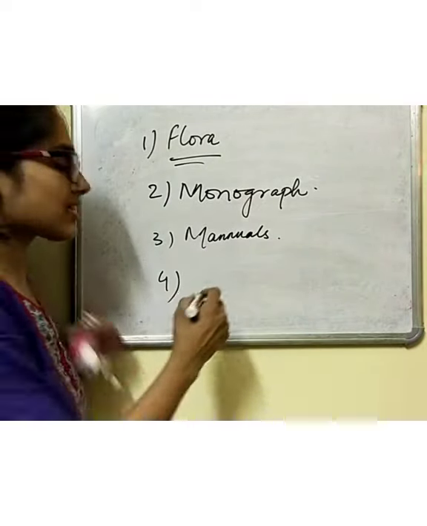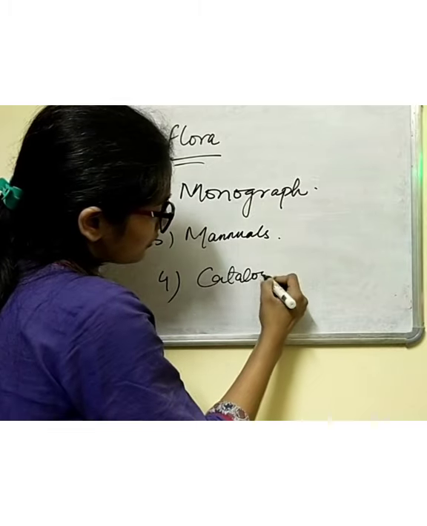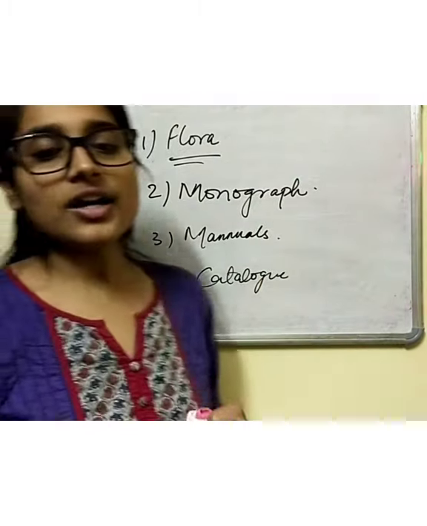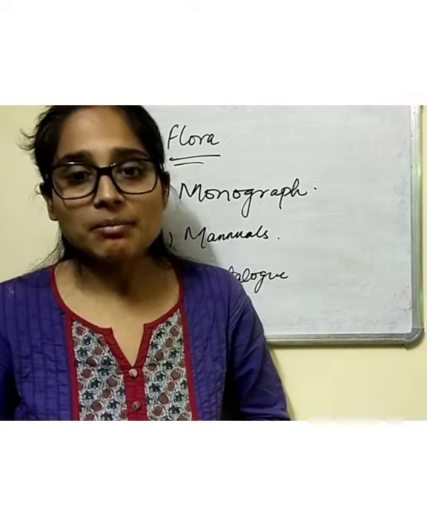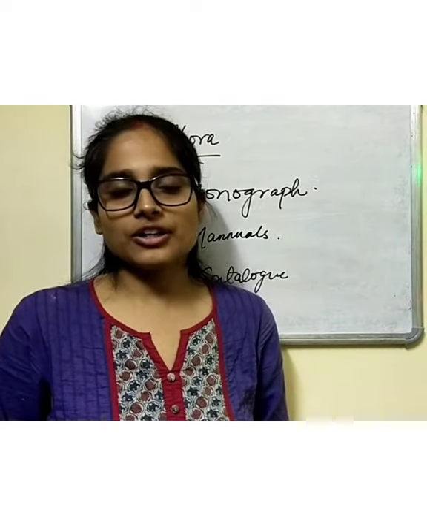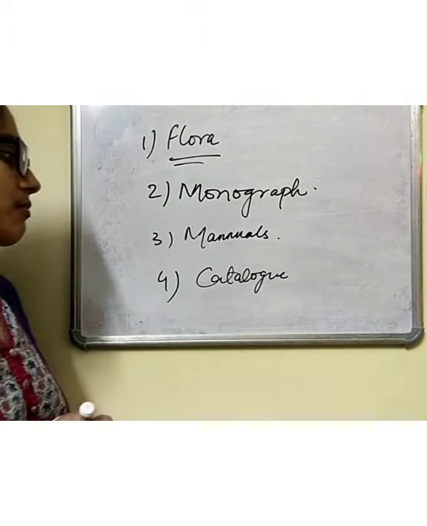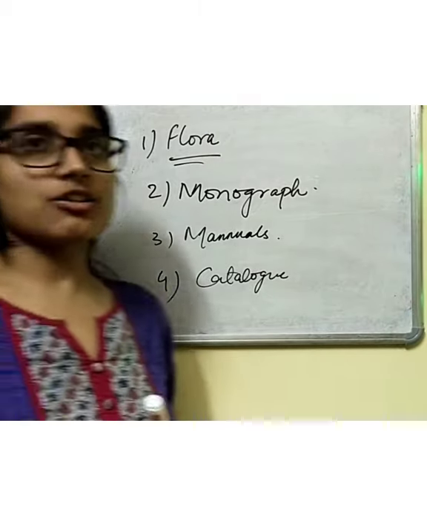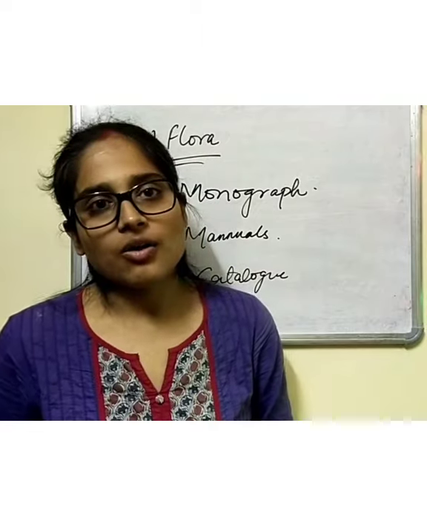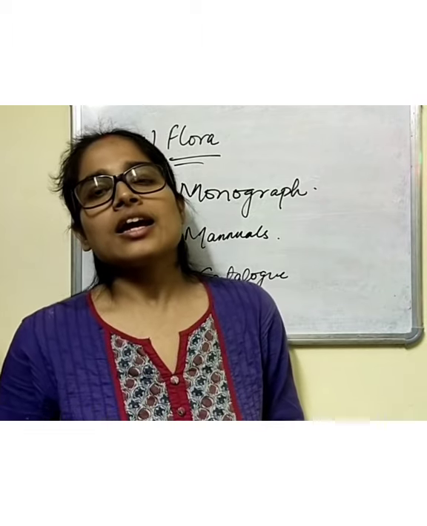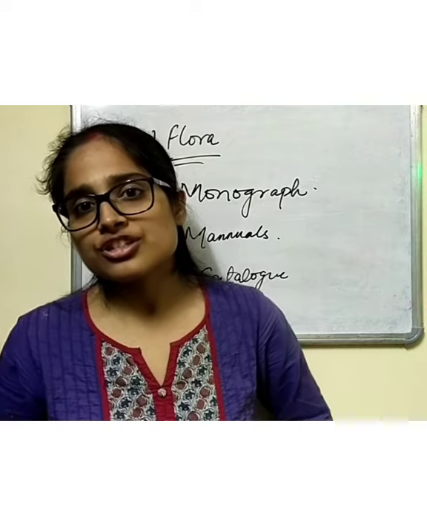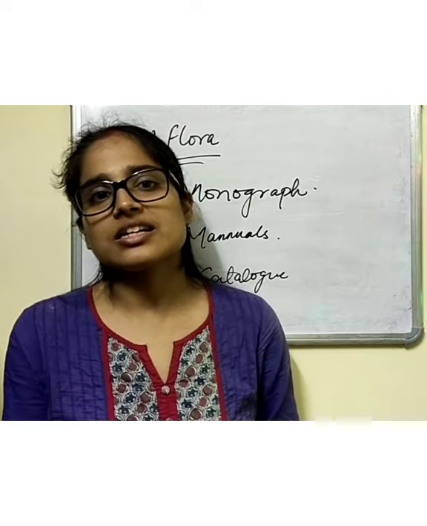And the fourth one is catalog. And what is a catalog? It provides a list of publications, which may be in the form of books or periodicals or dictionaries, which provide new information for taxonomic studies. So these are some of the taxonomical aids which are used by taxonomists across the globe for identifying new species, their storage, their nomenclature, and tracing their evolutionary history.